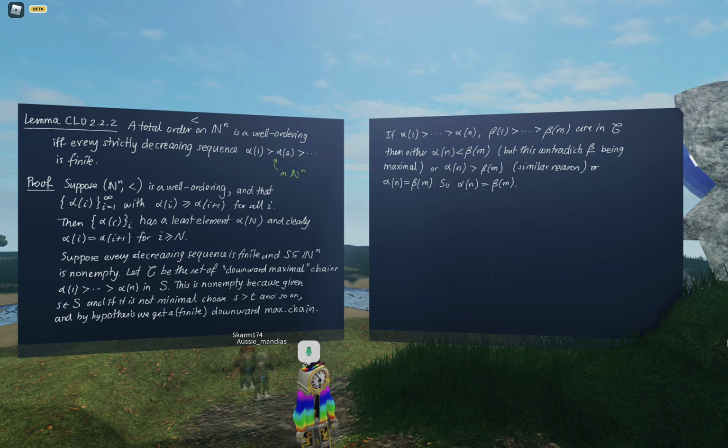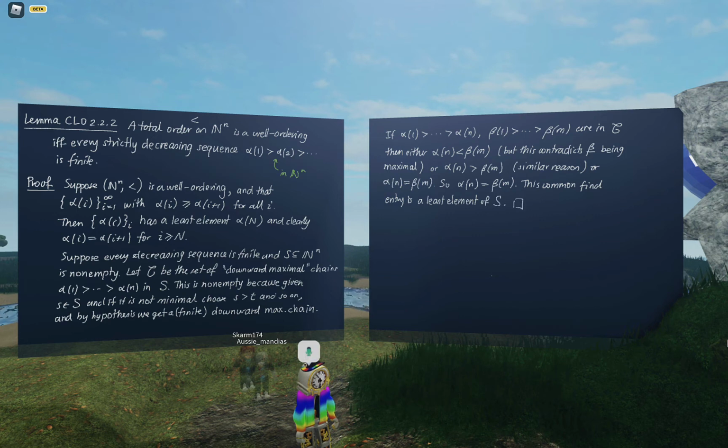So that is, every downward maximal chain in S has the same ending point. And this common final entry is a least element of S. Why?